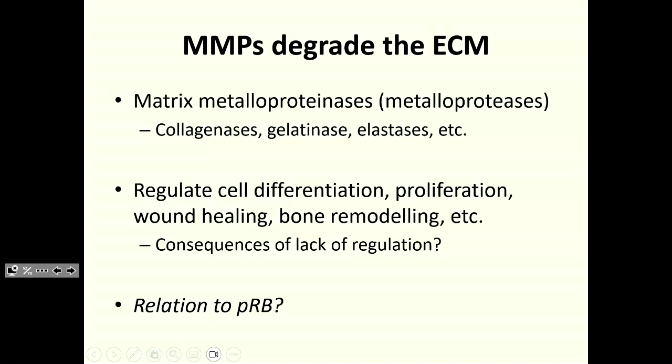Exactly. So PRBs stop suppressing tumors, MMPs can get turned on and start chewing up. So then whatever tumor gets formed, partly because the PRB stopped working, now it has also helped pave its way to spread.